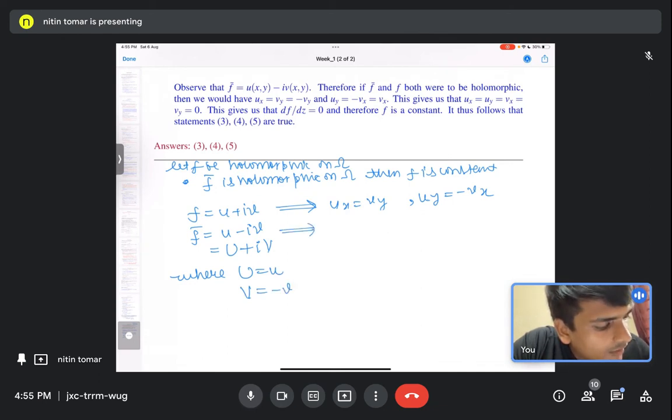So the Cauchy-Riemann equations for f bar, because f is holomorphic and f bar is holomorphic, we have assumed both.